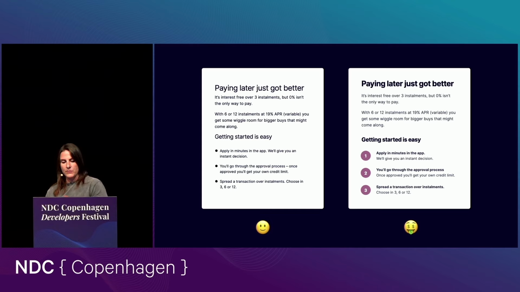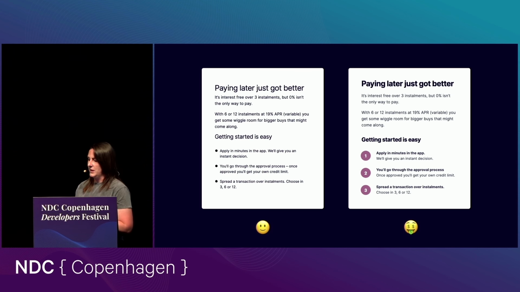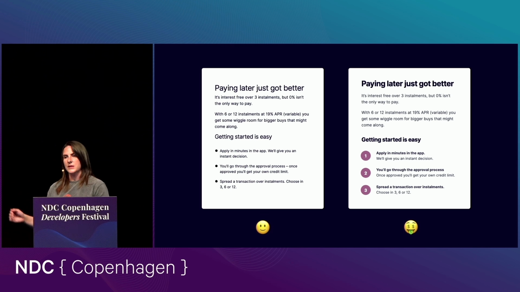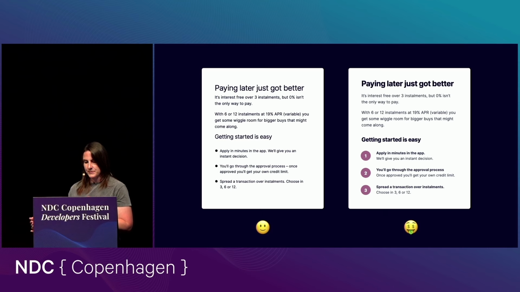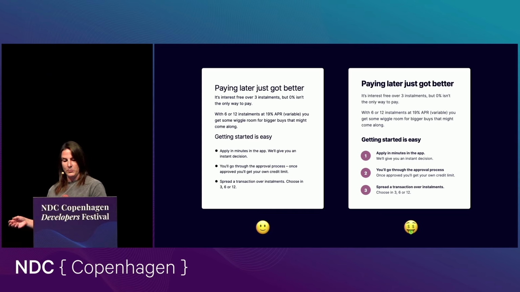And then lastly, we've really read the content and looked at that getting started section. So we can use bullet points, sure, but this is a really nice opportunity to maybe include a little bit more and elevate this. So we've broken this down into a 3-step process and added some number icons instead of those basic bullet points.